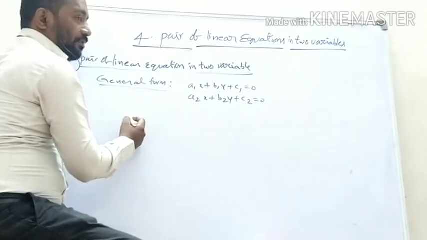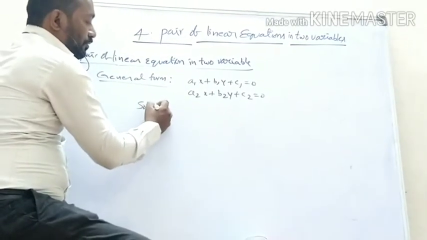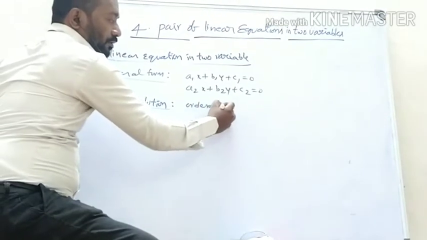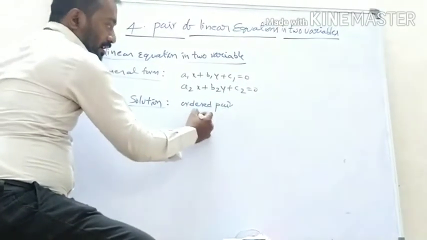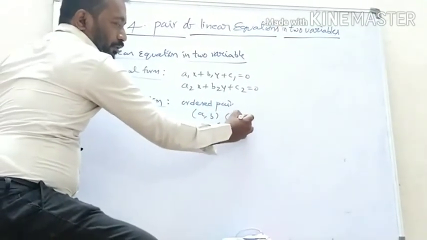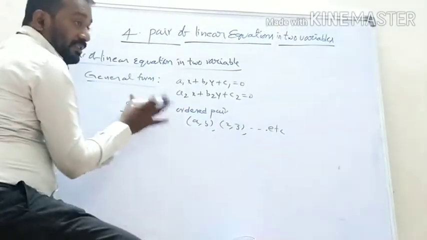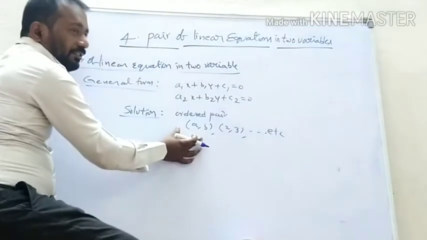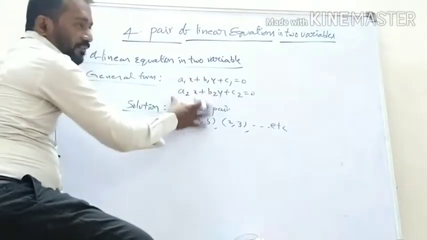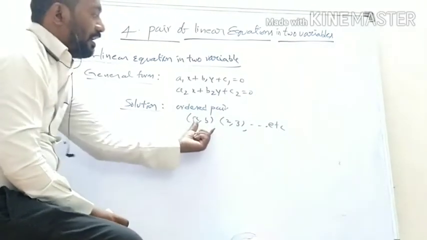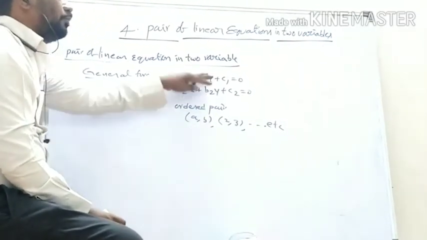Now, how many solutions does it have? The solution is an ordered pair, like a comma b, like 2 comma 3. It means the ordered pair which satisfies both the equations.